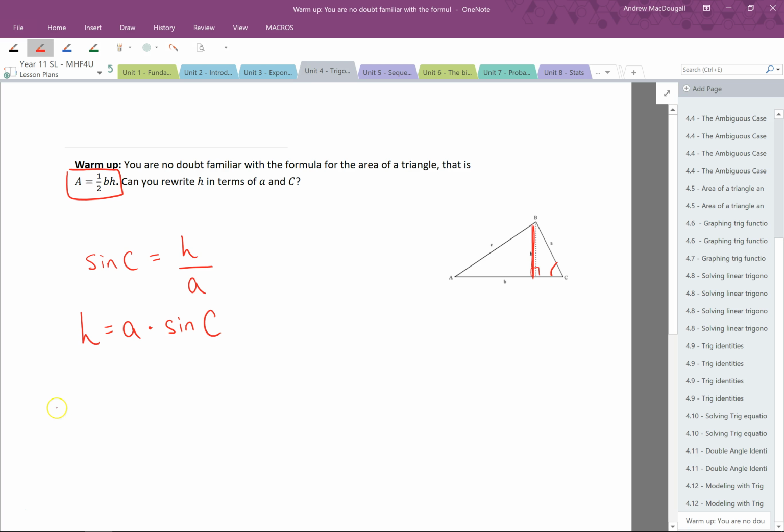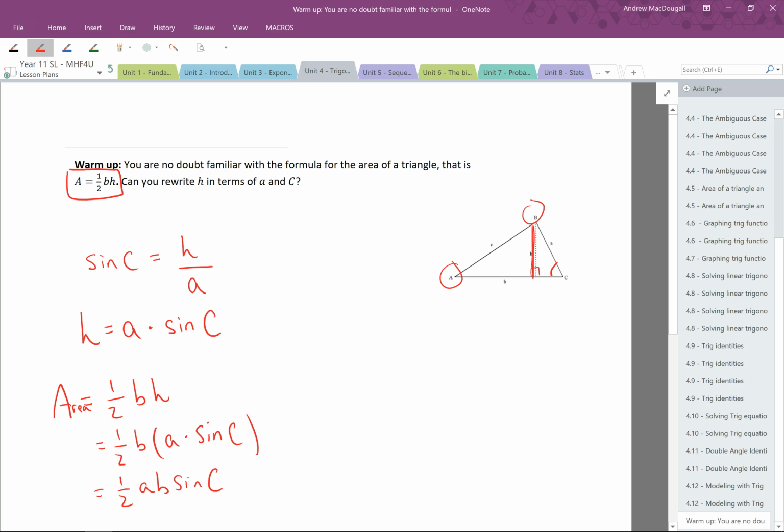And let's look at our area. This is A for area. It's 1/2 B times H, but actually 1/2 B times H is equal to A times the sine of C. So this is 1/2 AB sine of C, and we could have used this angle or this angle, A or B, instead if we had wanted to.